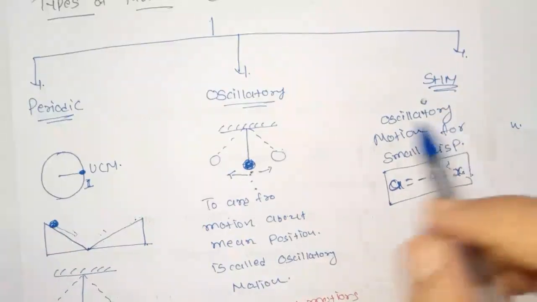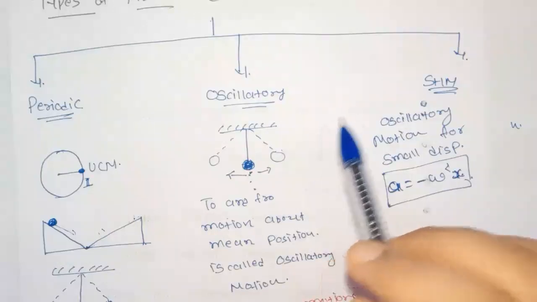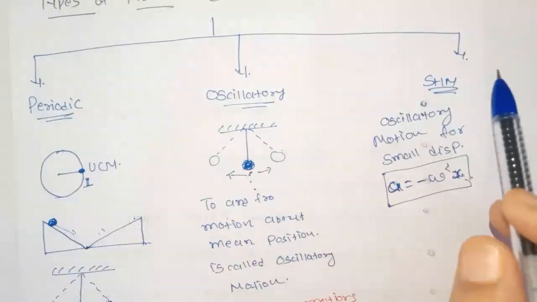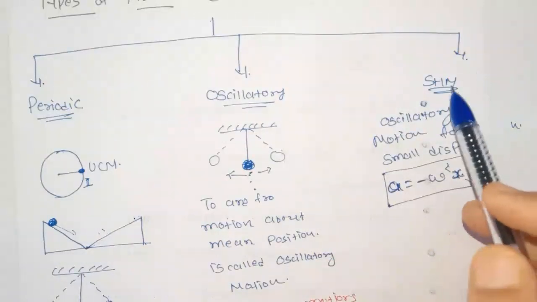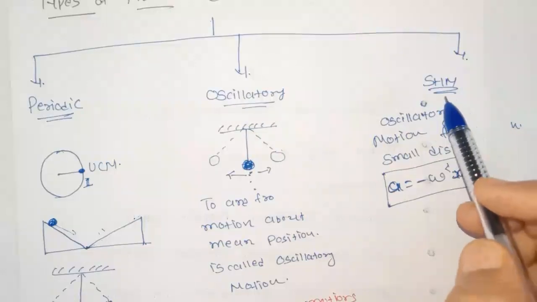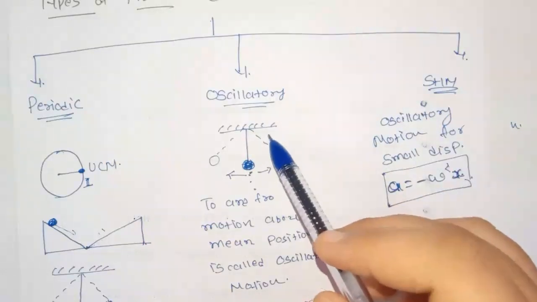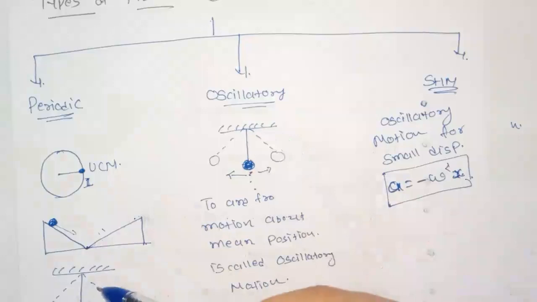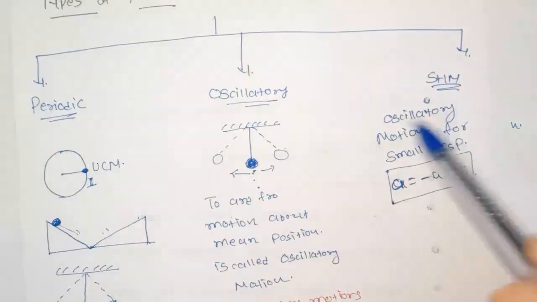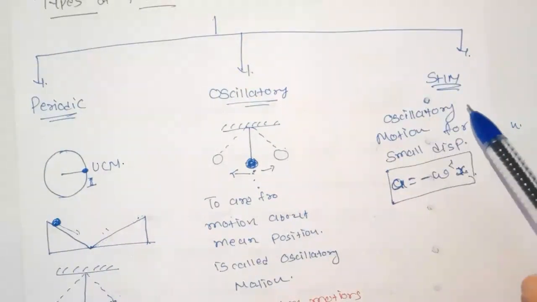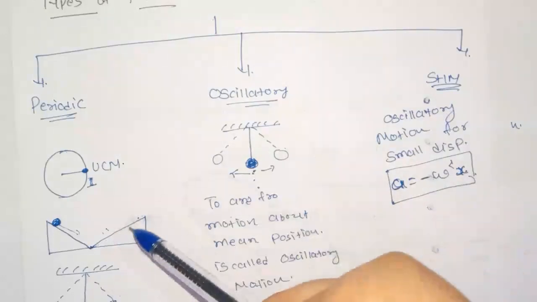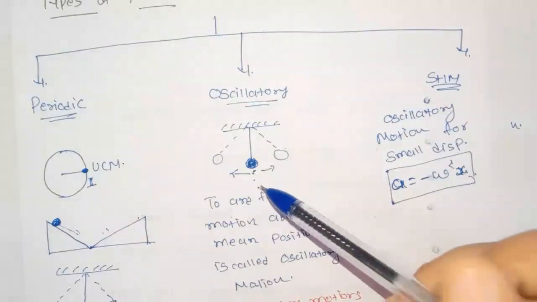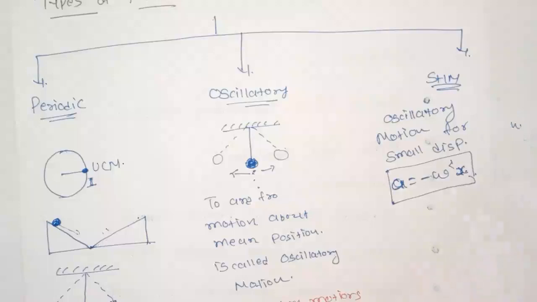It is basically an oscillatory motion with small displacement. So again, we can say that all SHM are oscillatory and all oscillatory are periodic. So all SHM are oscillatory and they are periodic. But all periodic are not oscillatory and all oscillatory are not SHM.